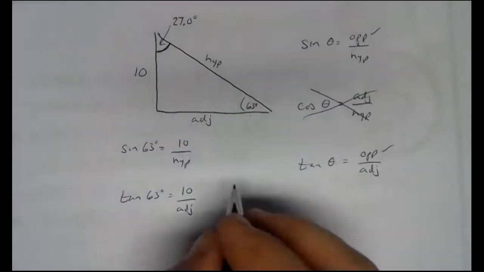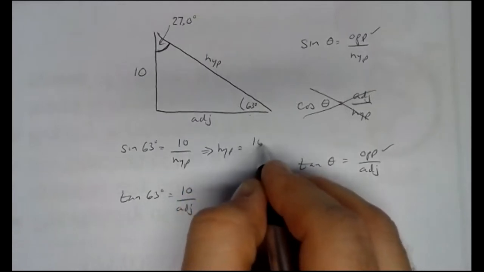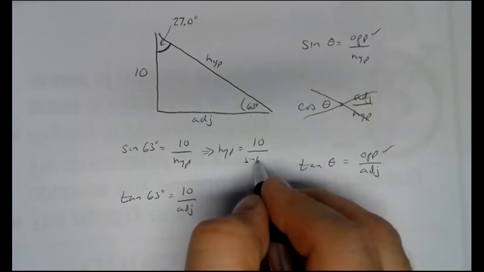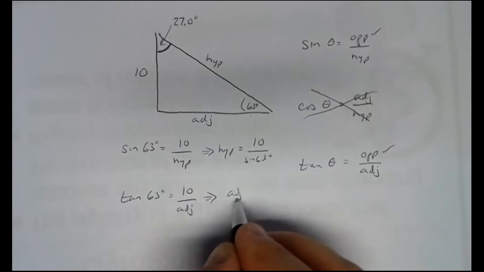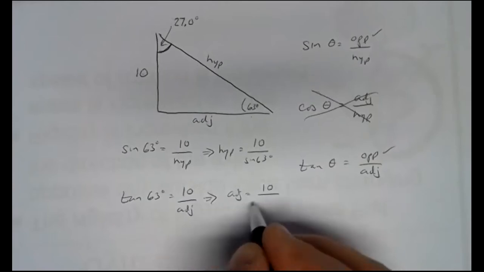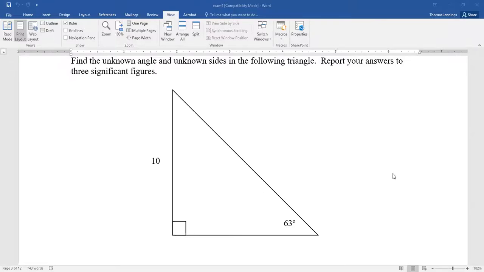So if you flip these around, you'd get hypotenuse is 10 divided by the sine of 63, and the adjacent is 10 divided by the tangent of 63. You get whatever your numbers are, round them off to 3 sig figs, and you've got your answers. So that would satisfy that problem.